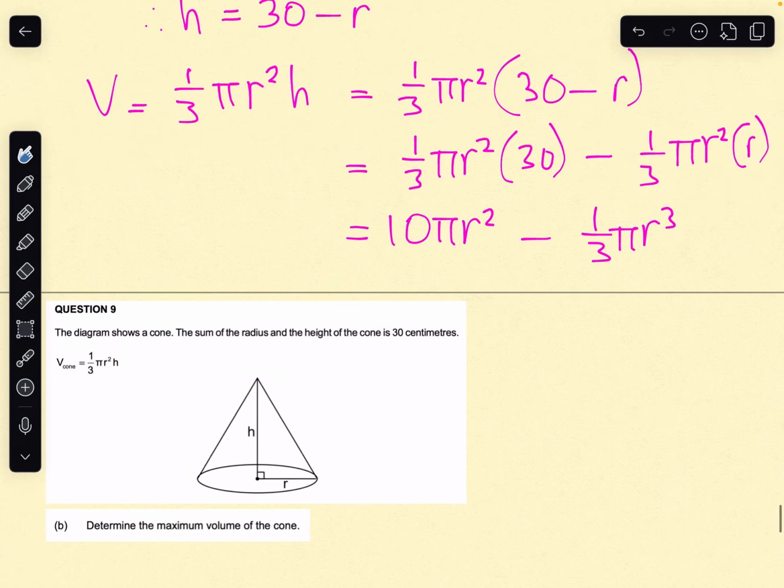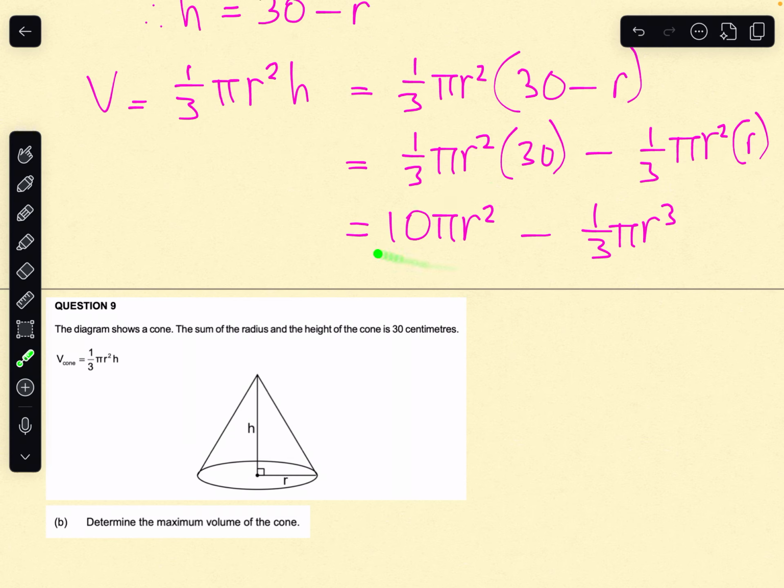So we would now need to take this expression, this function. So this is our volume function in terms of r, and we want to see where this is at its maximum. So this is a cubic function, right? So if we were to, for example, plot volume versus radius, this is going to be a cubic function that goes like this.